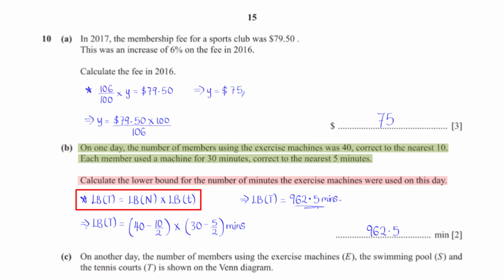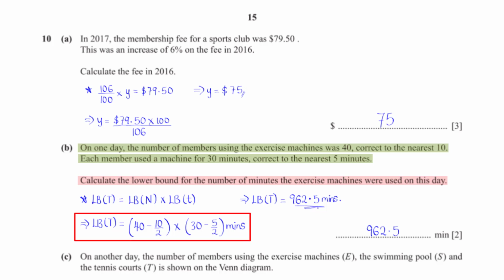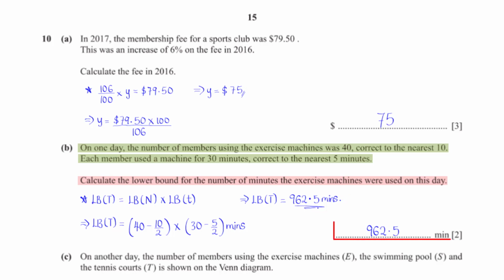We get the lower bound for the number of members by subtracting 10 over 2 from 40, and the lower bound for the time by subtracting 5 over 2 minutes from 30 minutes. When we type this into the calculator, we get 962.5 minutes.